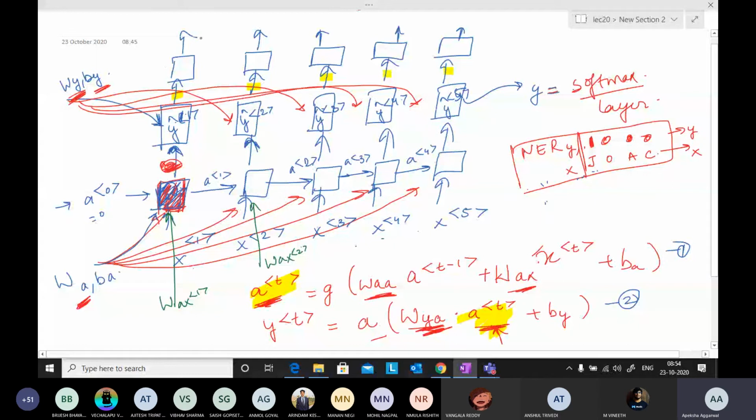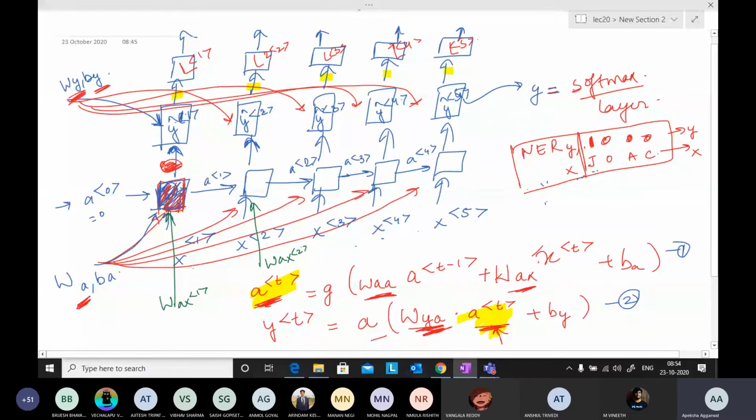Now we can calculate the loss over here. So loss is calculated at every layer, at every output. So first loss L1 is created over here, L2 will be calculated here, L3 will be calculated here, and L4 will be calculated here.